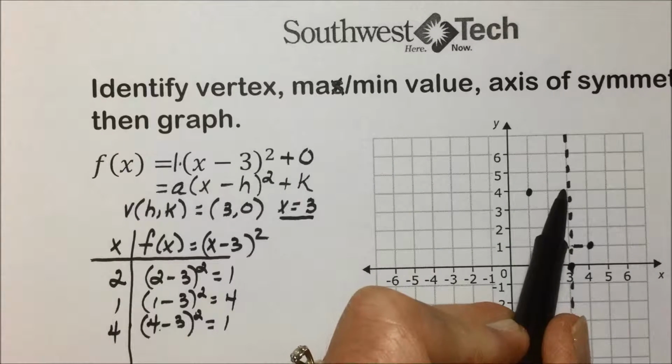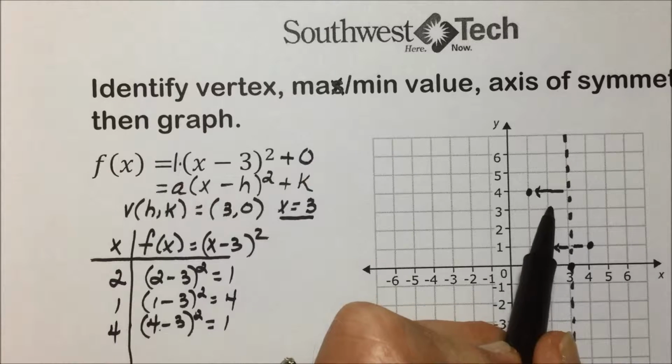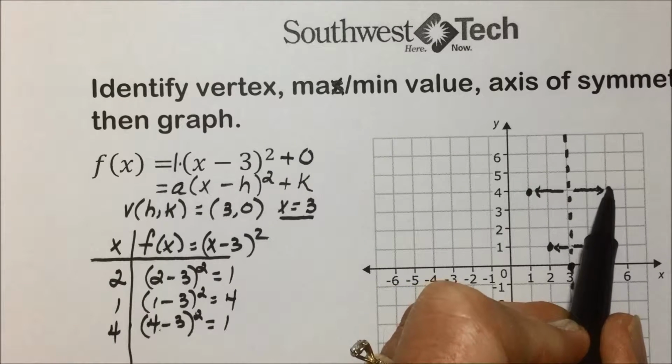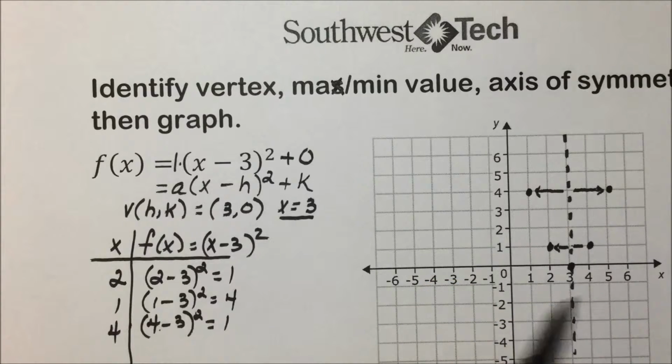Likewise, we're 2 away from our axis of symmetry here at a height of 4, so 2 over would put us at this value, and if you plugged in a 5, again, just to verify that, 5 minus 3 would be 2, 2 squared is 4, and we have the point 5, 4.